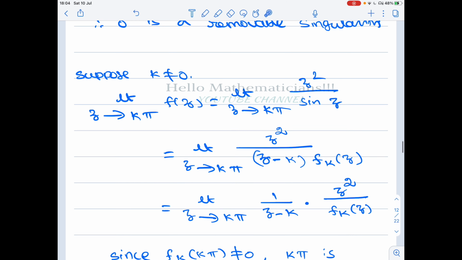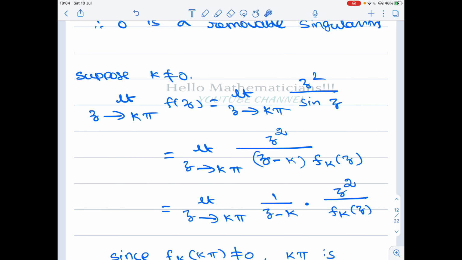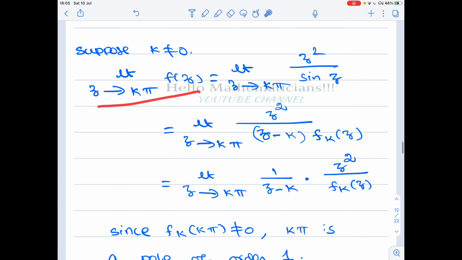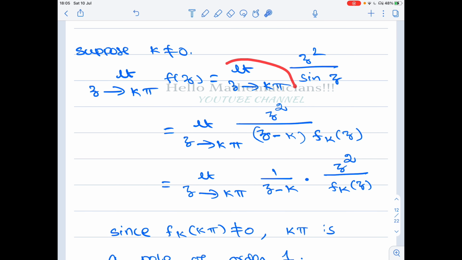Now let's look at the k not equal to 0 case. In this case, again we look at the limit z tends to k pi of f of z. This is equal to the limit z tends to k pi of z square by sin z. Again, by our result, sin z equals (z minus k pi) times fk of z.